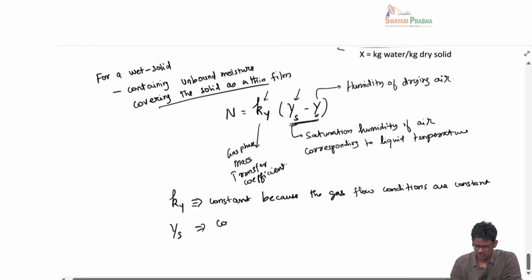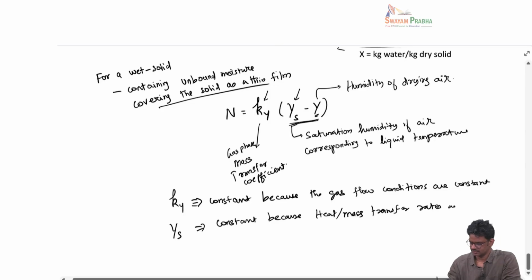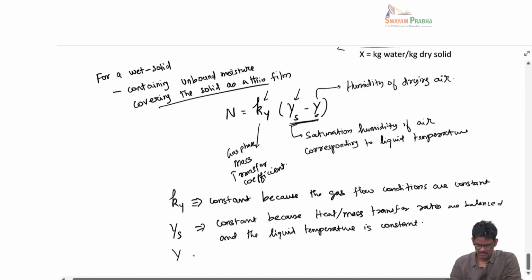We say Ys is also constant because the heat and mass transfer rates are balanced, and the liquid temperature is constant, and the humidity of air is also constant.